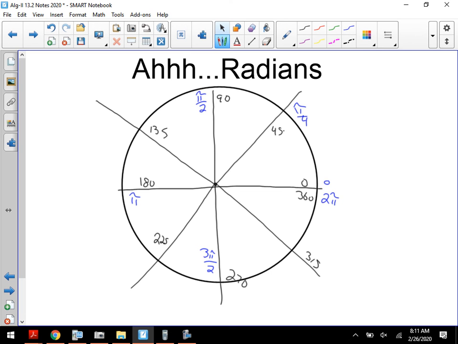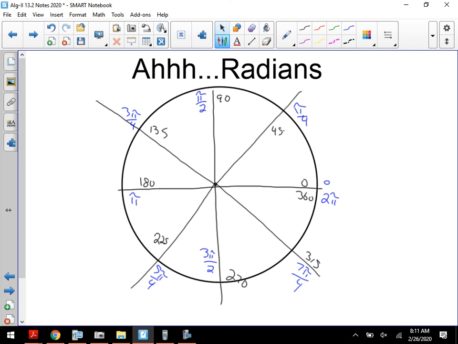I'm adding fractional amounts with the common denominator. 1/4, 2/4, 3/4, 4/4, 5/4, 6/4, 7/4, and 8/4. It breaks it into smaller chunks. Okay? So far, so good?